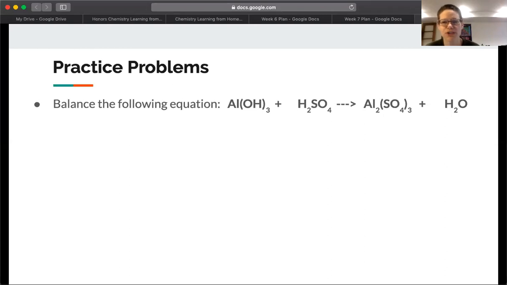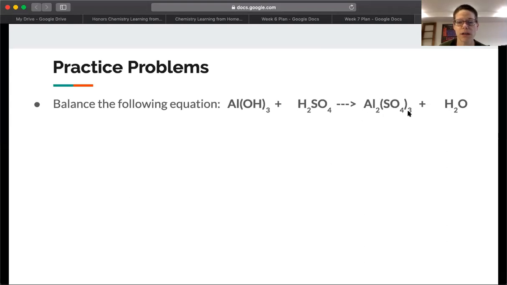So how many coefficients would this have? They all need to be changed. I want to say 3. Oh, 3, all of them? Yeah, all but one. All but one of them.